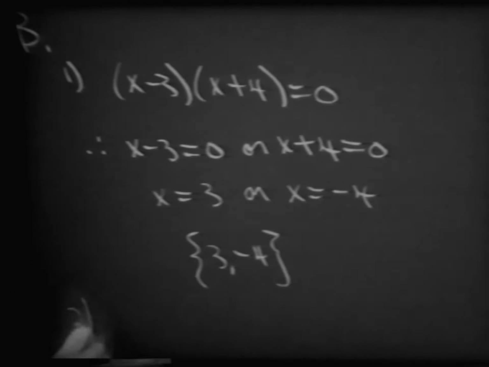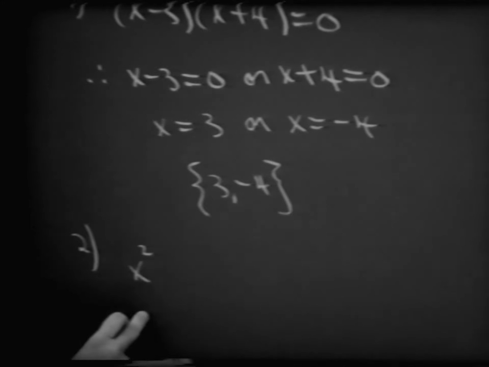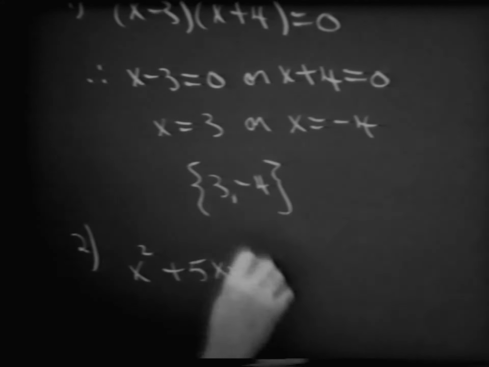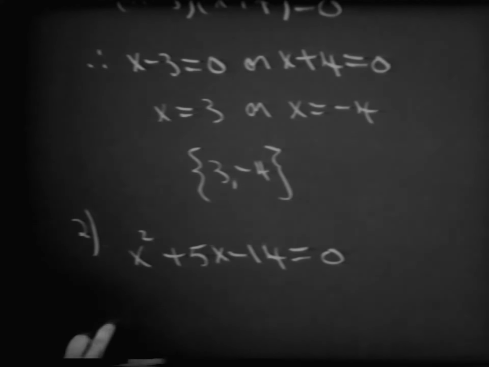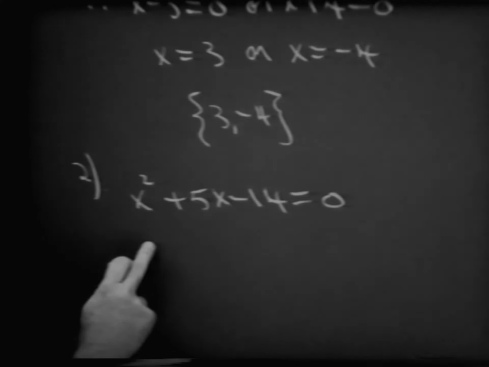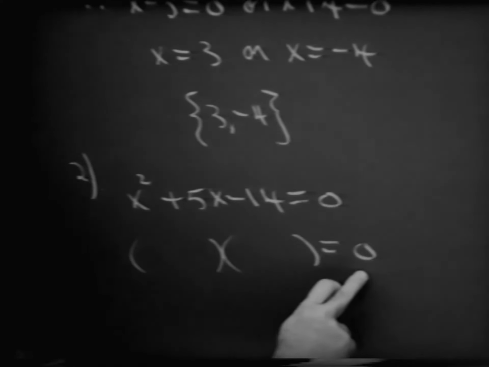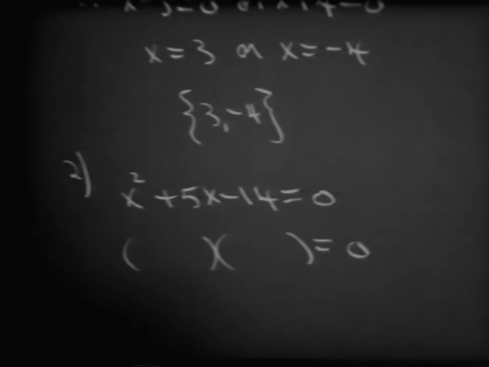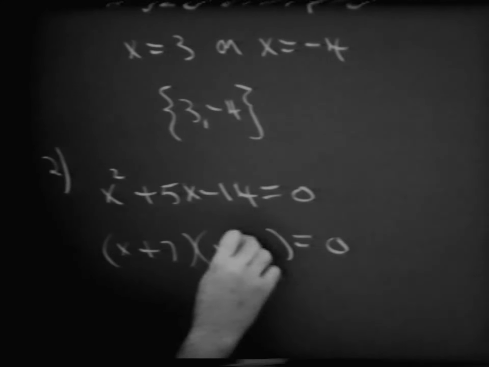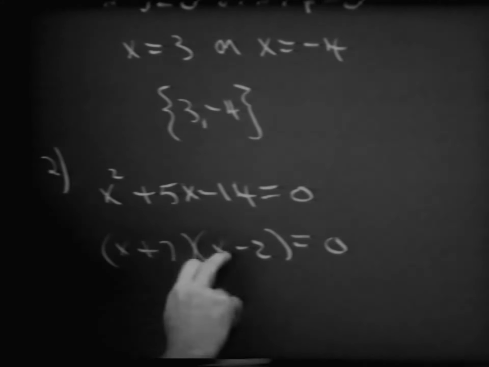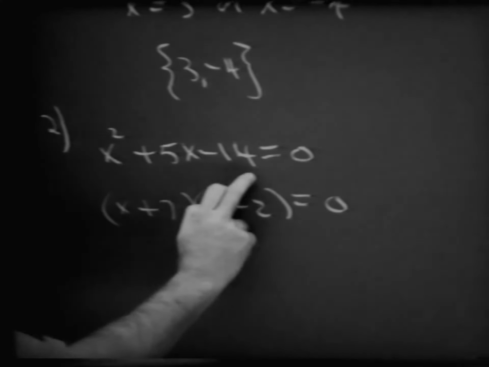Well, let's look at another example, written in the pattern of, let's say, x squared plus 5x minus 14 is equal to 0. In this case we have to rely on what we know about factoring. You look at the left-hand side and say to yourself, I think I can write this as a product of two factors equal to 0: x plus 7 times x minus 2, because 7x minus 2x is plus 5x, and 7 times negative 2 is negative 14.